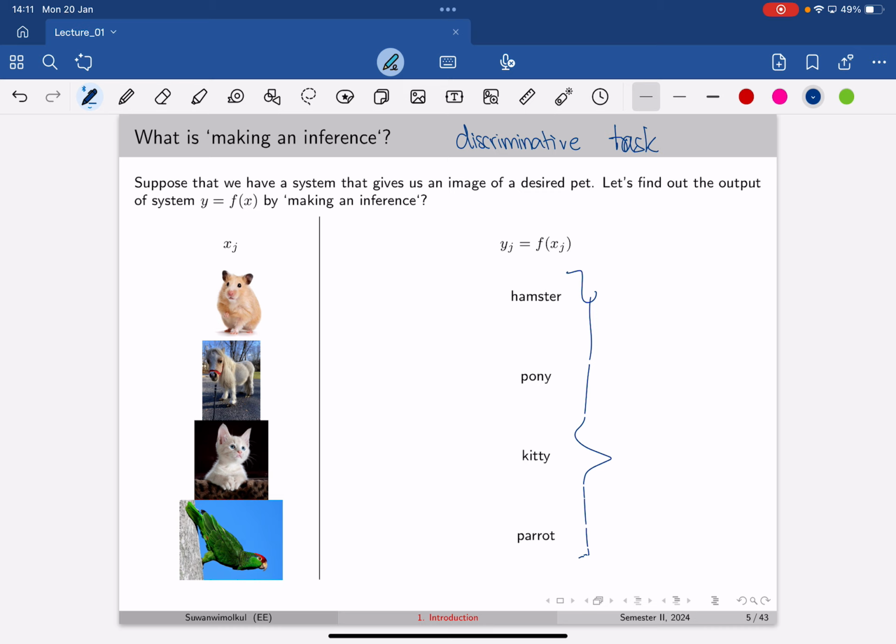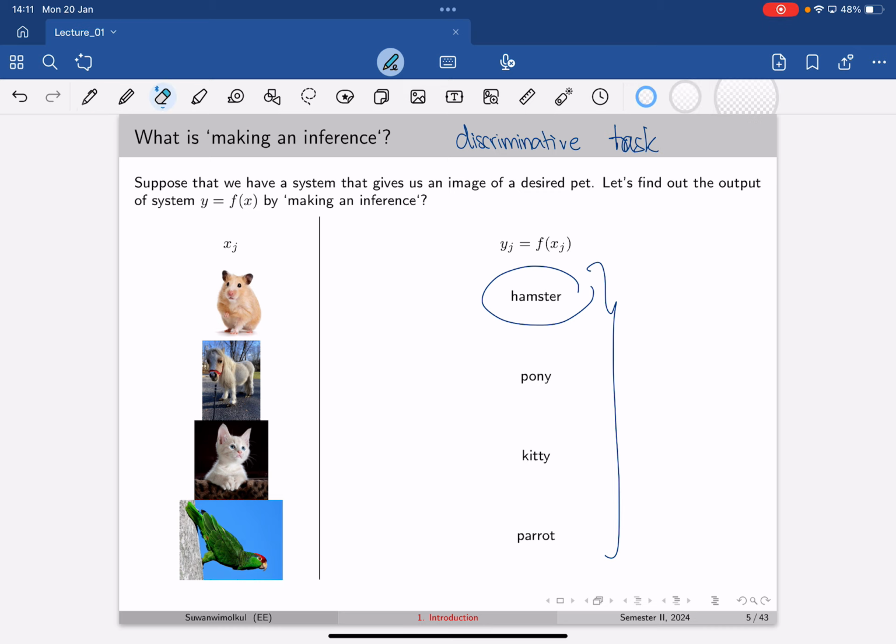Let's say you fed an input picture of a hamster and your model can predict that that's a hamster, and perhaps there are other types of animal, but these types of animal are within a finite set. Then we call it a discriminative task.